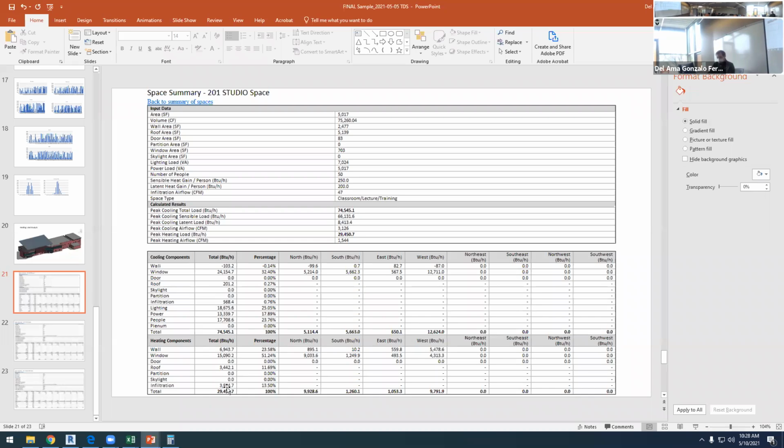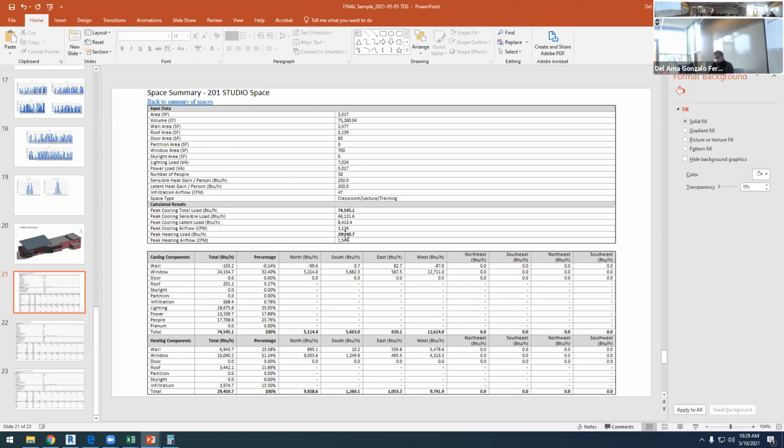That makes sense because the difference between comfort temperature and outdoor temperature in winter is higher than the difference between indoor and outdoor temperature in summer. So that's why infiltration loads are higher in winter. So everything makes sense here. And we have the peak cooling and the peak heating.